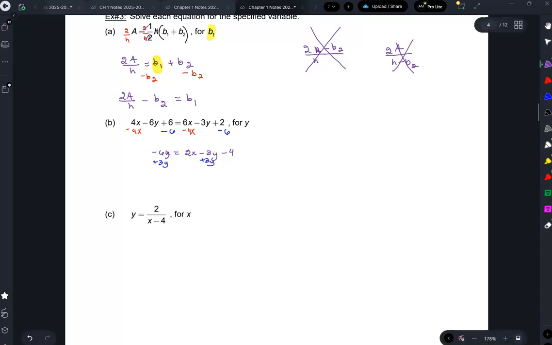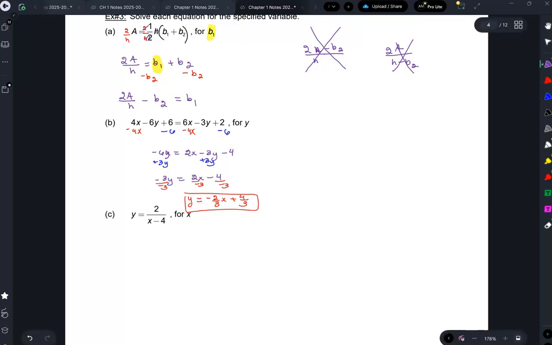So what I have now is negative 3y equals 2x minus 4. Next, divide everything by negative 3. So I get y equals negative 2 over 3x plus 4 over 3.